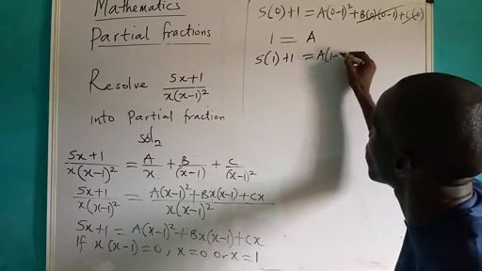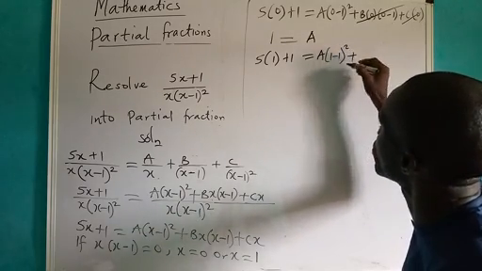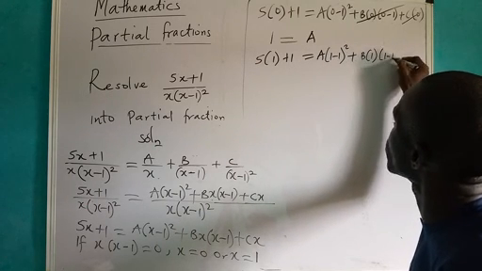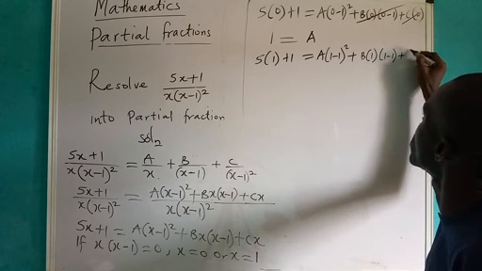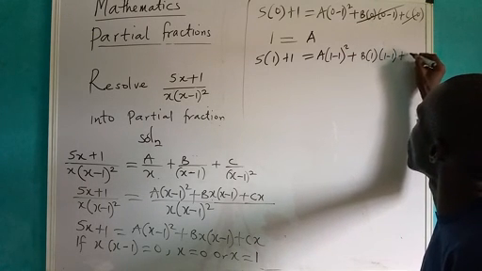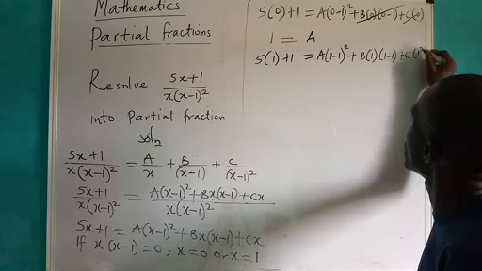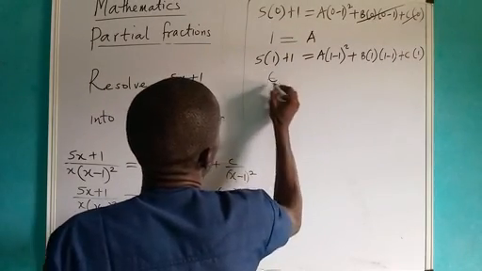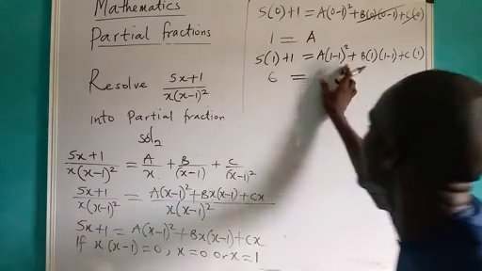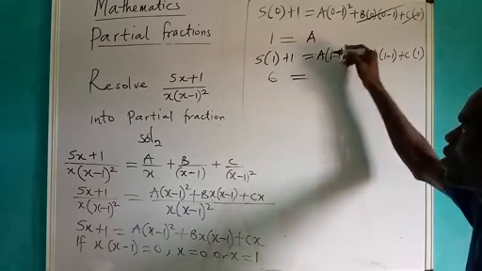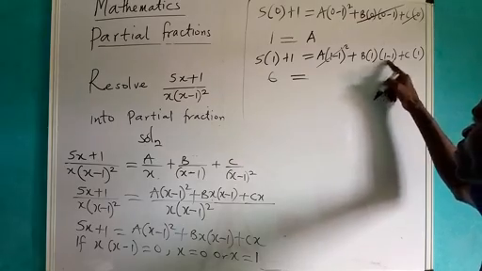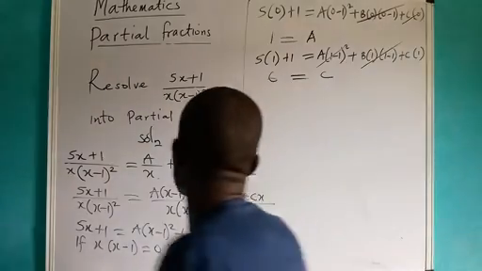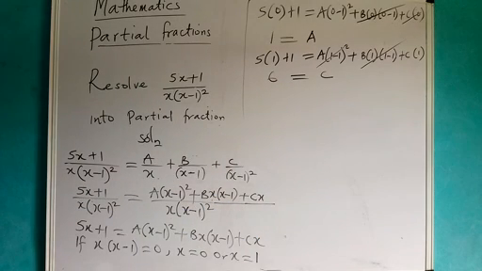I will have 1 minus 1 squared, plus this one will also be 1, and also 1 minus 1, and this one will be c, so here will be c, and 1 bracket 1. Now this one will be 6. Why will here be 0? Because 1 minus 1 is 0, 0 squared is 0. Everything here is gone. It means that c is equal to 6. Meaning I've done that.